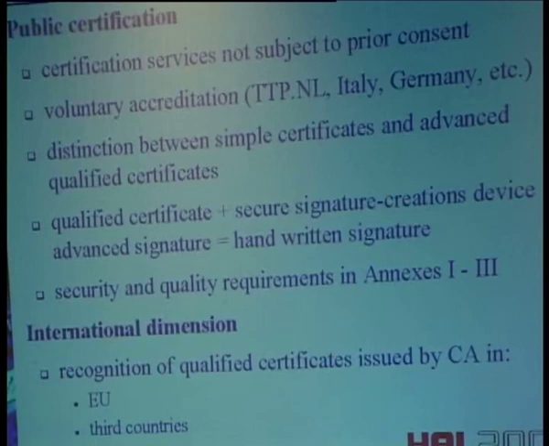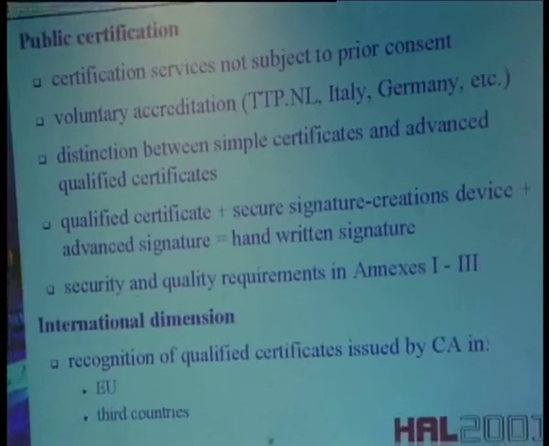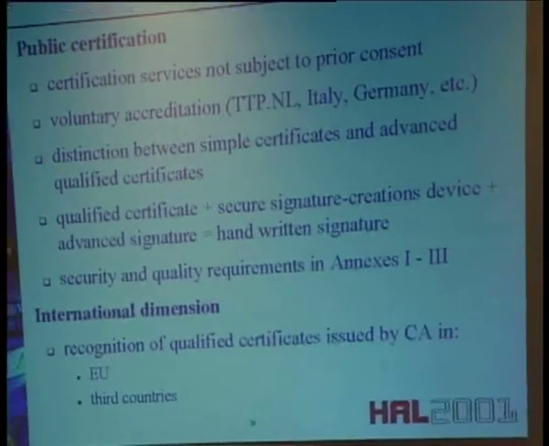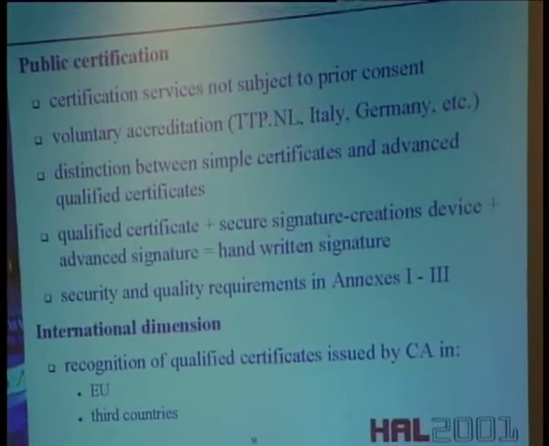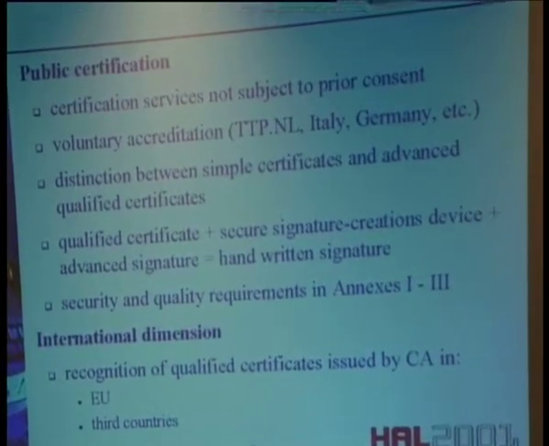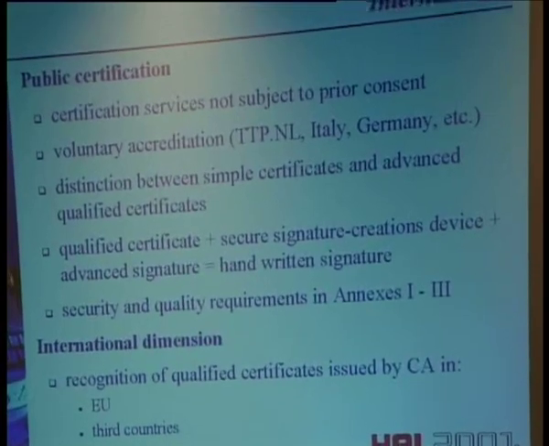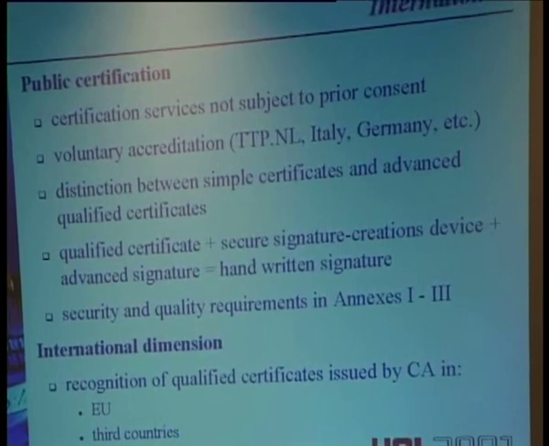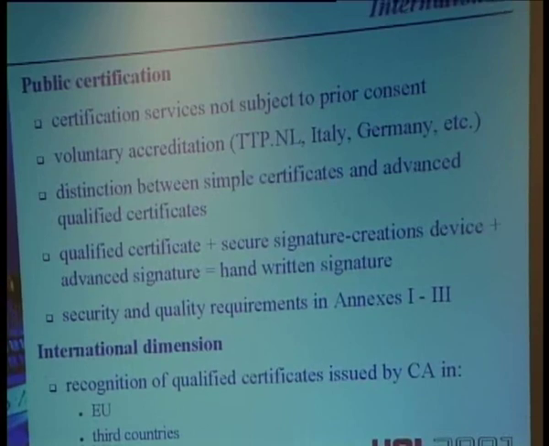It makes a distinction between simple certificates, the X.509 standards, and advanced qualified certificates. And one of the annexes, I will talk about the annexes later, explains what an advanced qualified certificate is. It also tells us how you get an electronic signature that is legally equal to the handwritten signature.